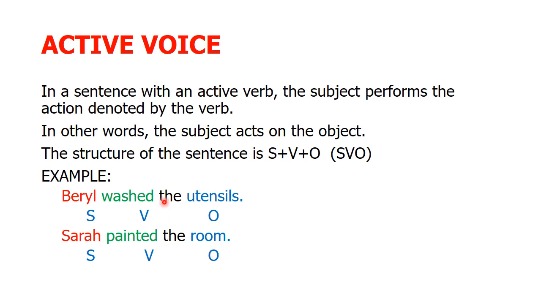In the first sentence, Beryl is the subject who performs the action of washing the utensils, and then the utensils is the object that receives the action. Since the subject Beryl does the action, the sentence is said to be in the active voice.